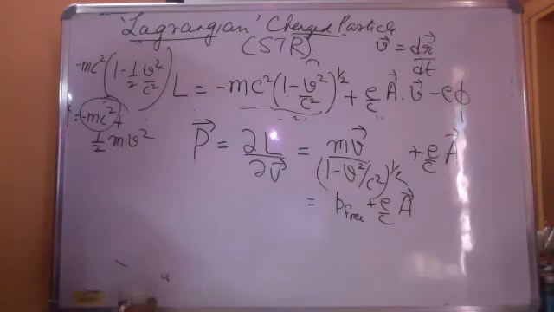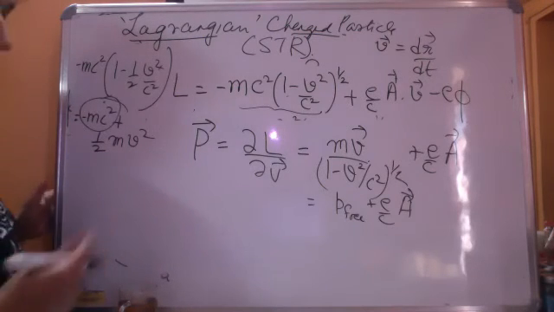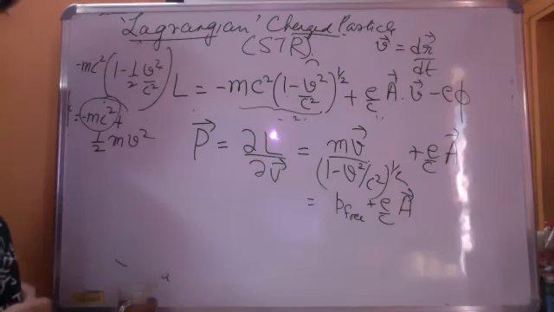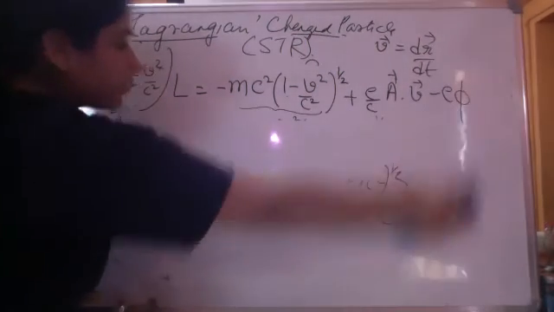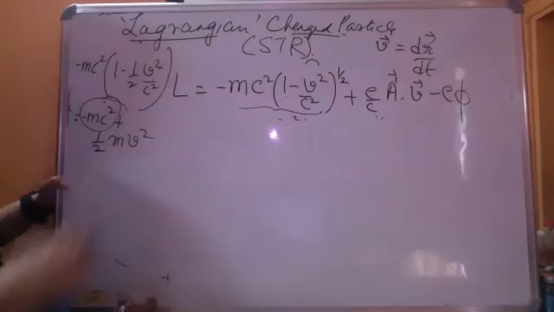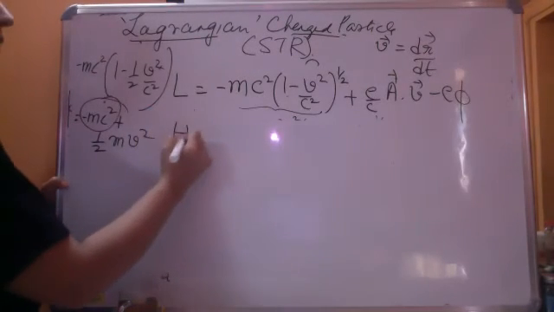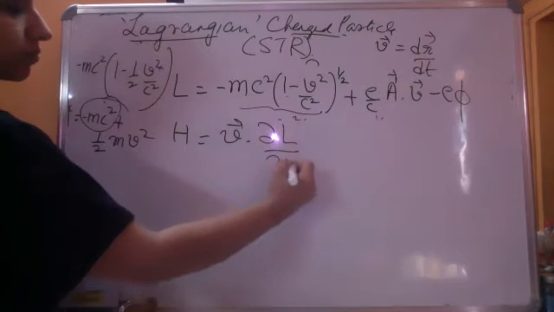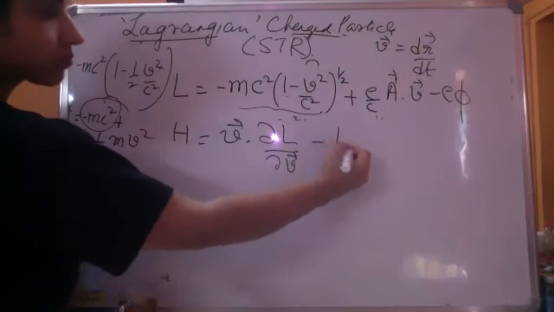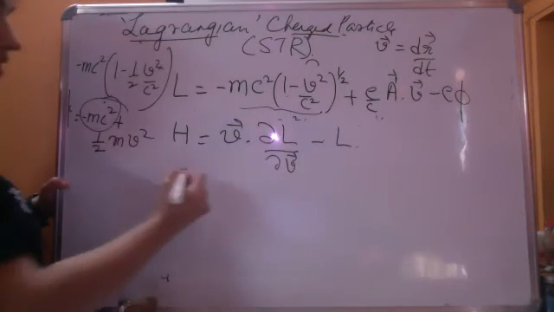I have the momentum. Now once I have the momentum, I can find my Hamiltonian from my Lagrangian. Hamiltonian by definition is this.